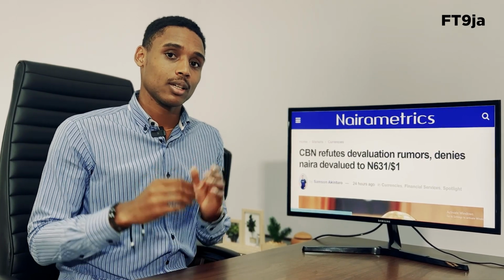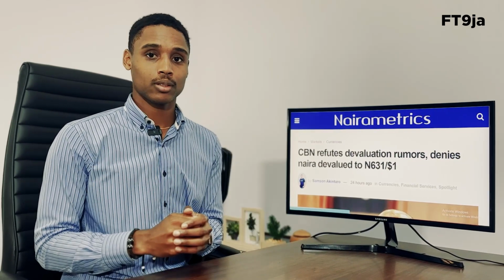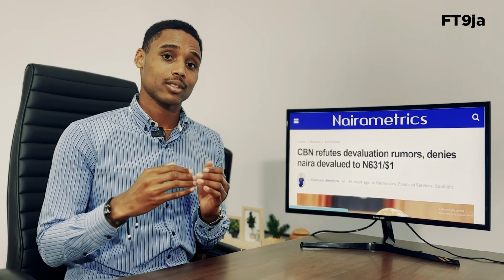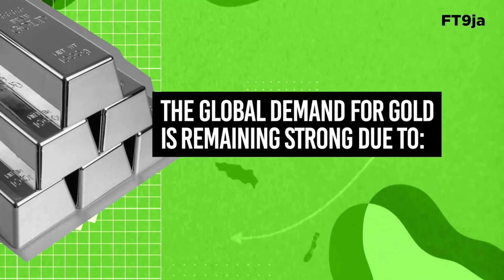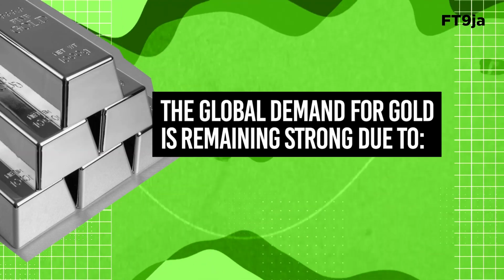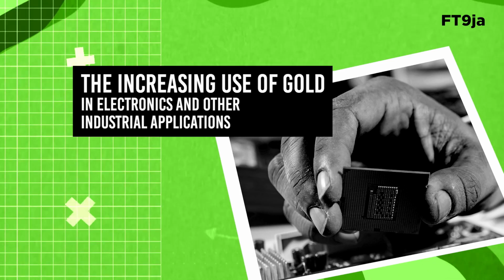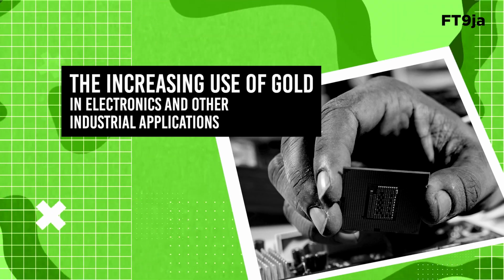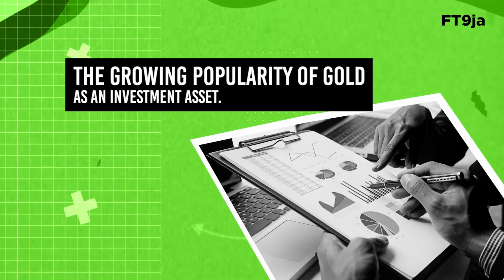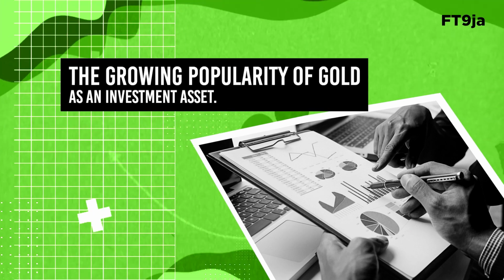But production is expected to reduce in the next coming years because it is becoming increasingly less economically viable to mine gold as the cost of production increases. Then the demand for gold is based off of a few factors, namely, one, the increasing use of gold in our electronics, and two, its attractiveness as an investment asset.